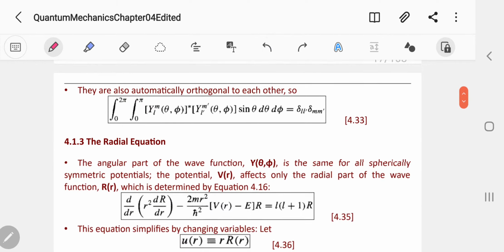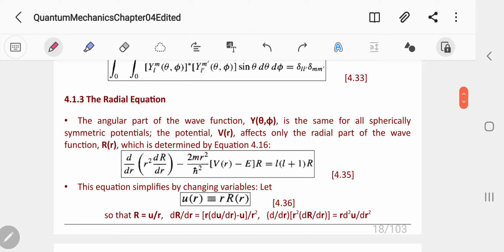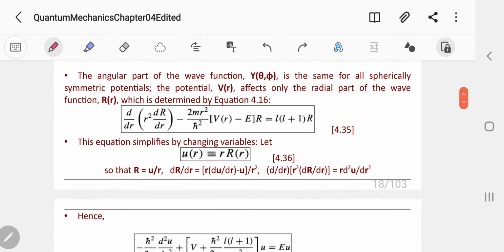So let's now go to the radial equation. Here, if V is only a function of r, it only affects the radial part of the wave function, that's R of r.